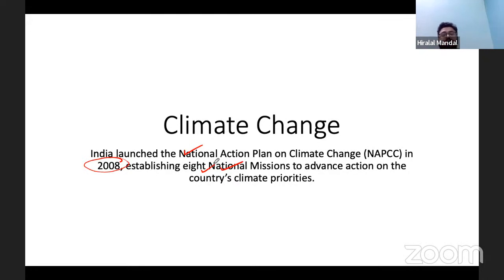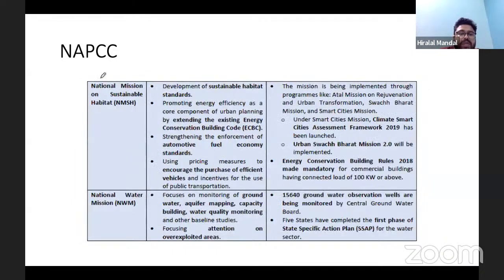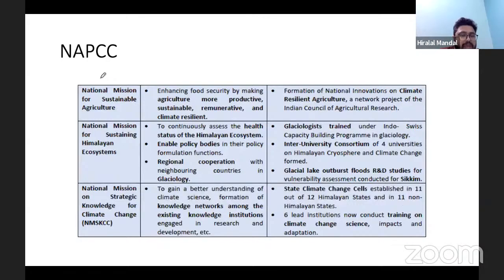At the same time, we should also know about the various components of the National Action Plan on Climate Change. There are mainly 8 components. What are those? National Solar Mission, National Mission for Enhanced Energy Efficiency, National Mission for Green India, National Mission on Sustainable Habitat, National Water Mission, National Mission on Sustainable Agriculture, National Mission on Sustaining Himalayan Ecosystem, and National Mission on Strategic Knowledge for Climate Change.